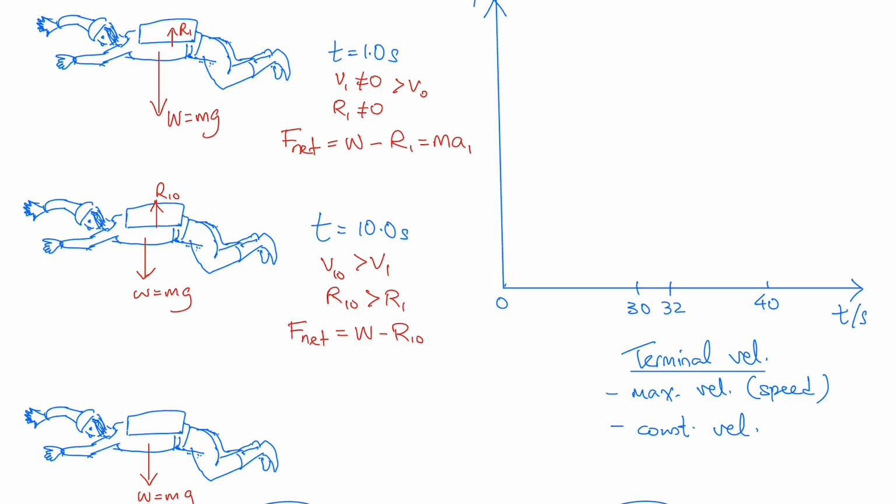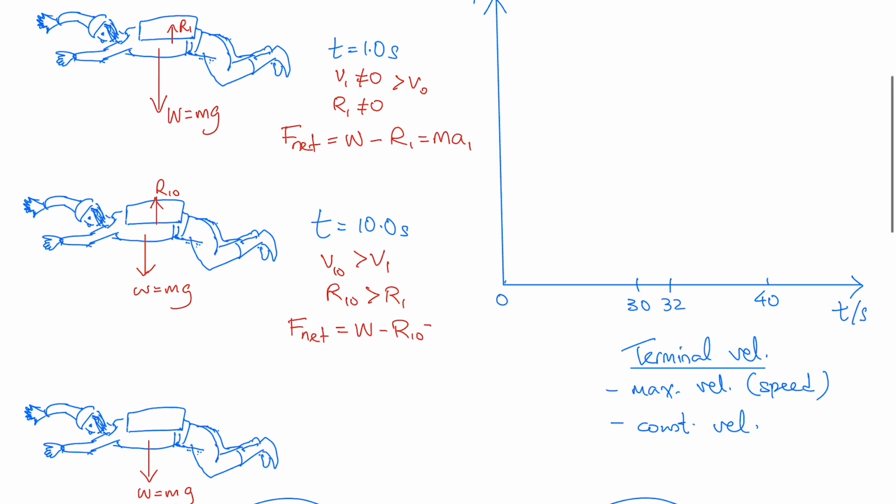The air resistance at 10 seconds will be larger than that at 1 second because it's moving at a higher velocity. This gives a resultant force W minus R10, which is given by m a10. At this point, we must recognize that R10 is bigger than R1. Therefore, a10 must be smaller than a1 because it has a smaller net force at time t equals 10 seconds as compared to time t equals 1 second.